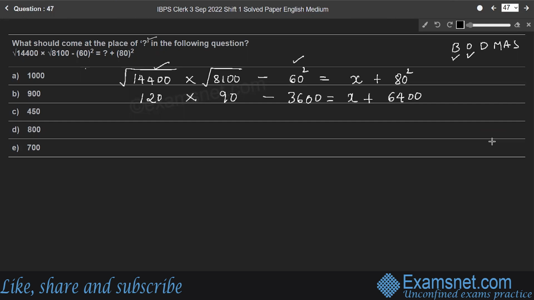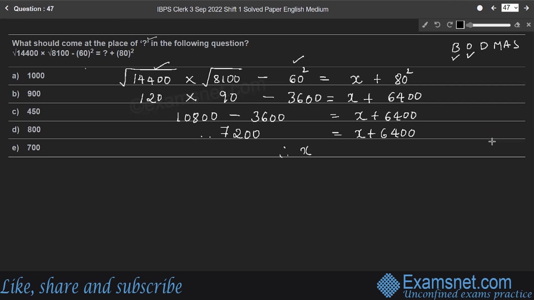Therefore, 120 into 90. 12 into 9 is 108, so 120 into 90 is 10,800, minus 3,600 is equal to x plus 6,400. 10,800 minus 3,600 is 7,200, which is equal to x plus 6,400.